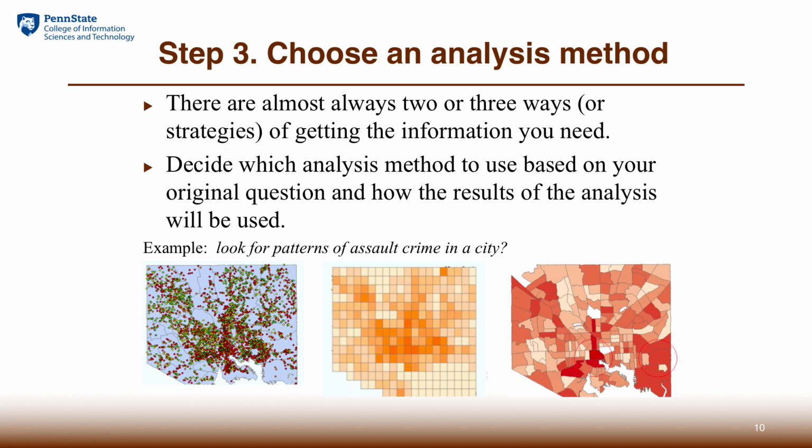That gives you an idea of the distribution. For the third strategy, maybe we want to show an aggregate count of crimes over areal units, for example zip code or census block. So they have very different utility and very different usage in answering questions. For example, the incidence map may give you approximate ideas of distribution, but it doesn't really bring up the question of density.